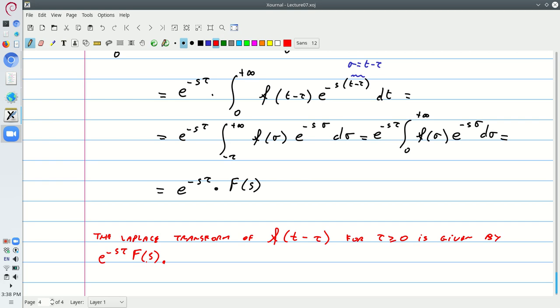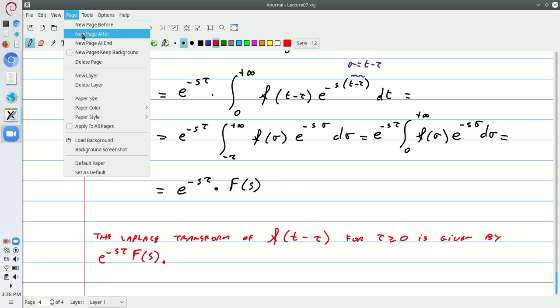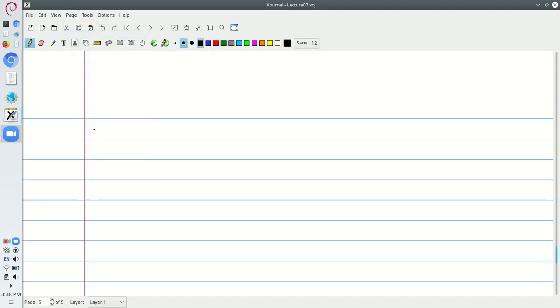And now we are going to see another important property. The other property that we are going to see is the Laplace transform of a derivative.